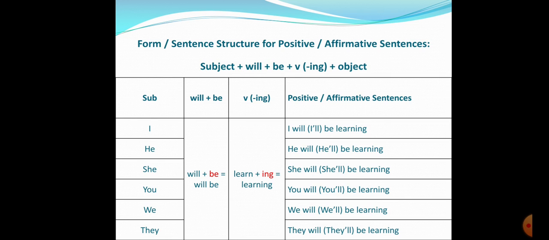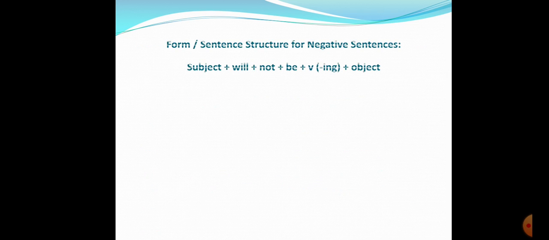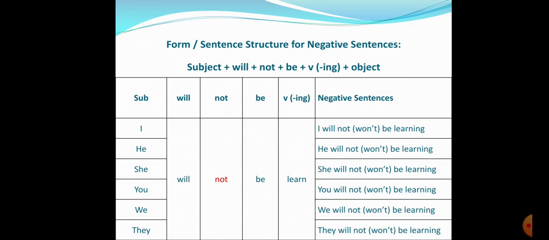Great. Now let's look at forming the negative sentences. Subject plus will plus not plus be plus ing form of verb. So you get I plus will plus not plus be plus learning, so you get I will not be learning.